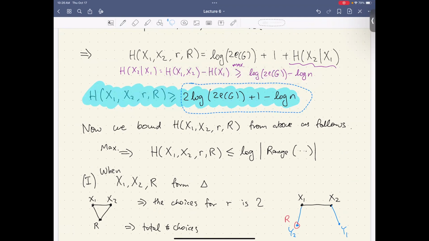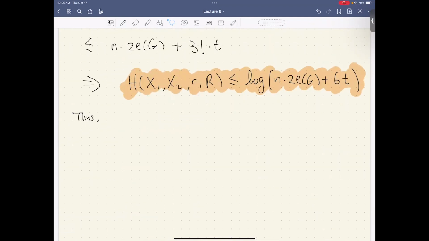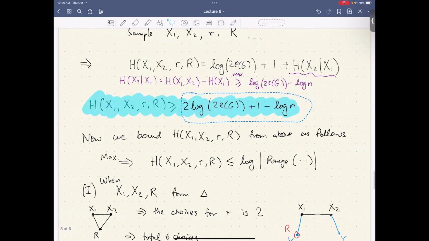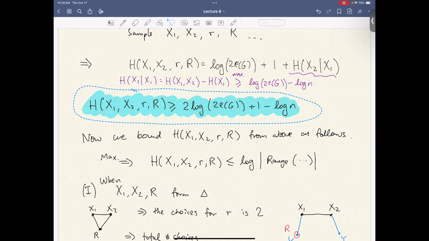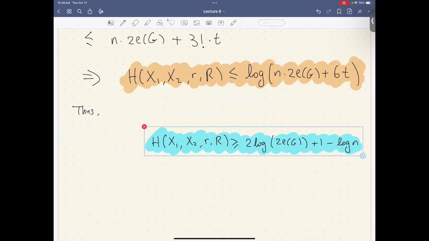Copy. Well, actually, why don't I just copy everything?